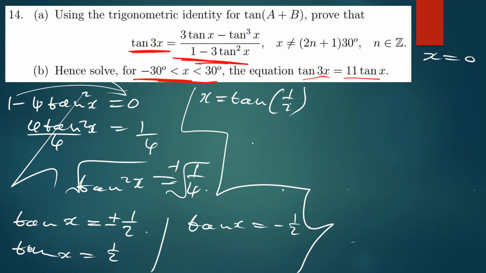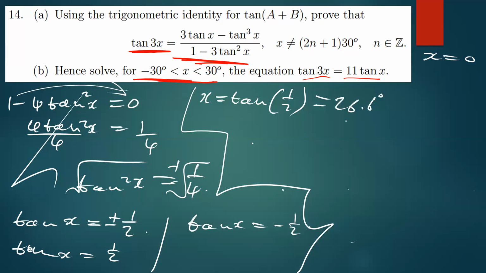So tan inverse of 1 over 2, does it exist? Is it part of the special angles? It is not part of a special angle. So in case you are allowed to use a calculator in an exam room, then you can take 26.6 as the answer.